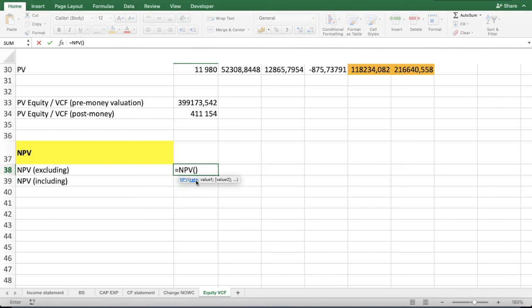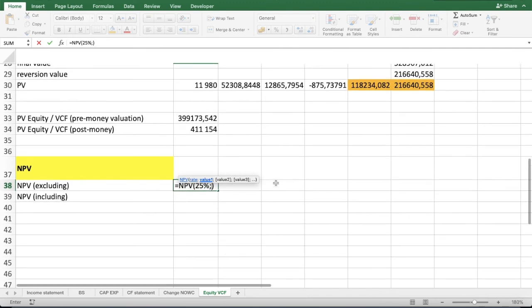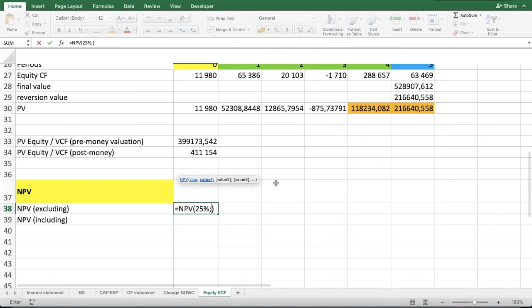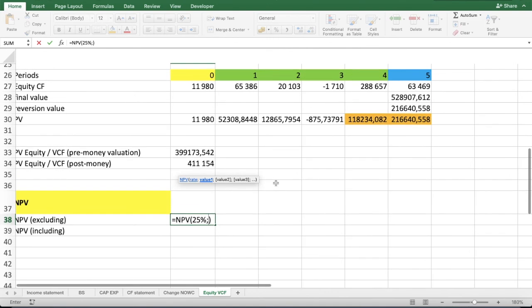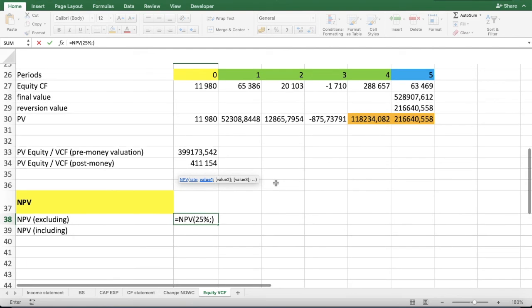So we have to start with the rate, which is the discount rate, which is 25%. All right. Then the values 1, 2, 3 are the values for the future cash flows. Right. The future cash flows, not the discounted ones, because the NPV function will already make the discount. So equal, see, cash flow 1, 2, 3.